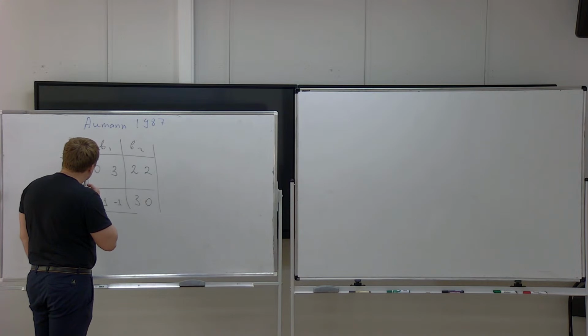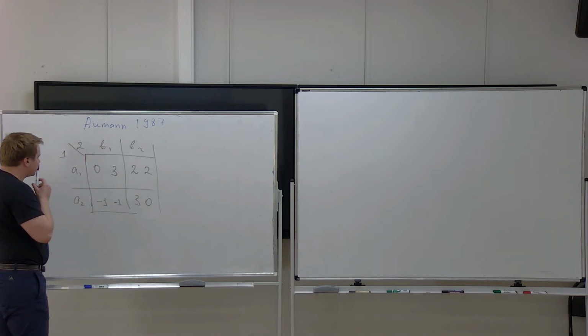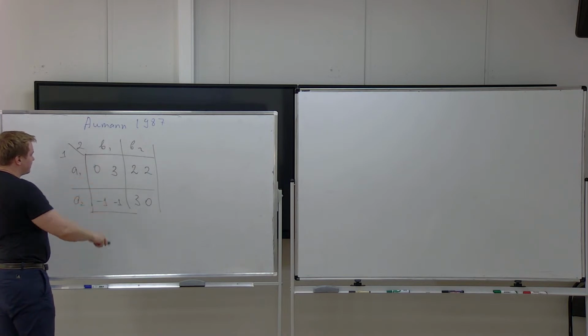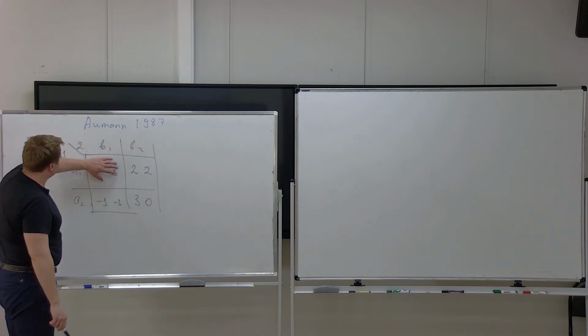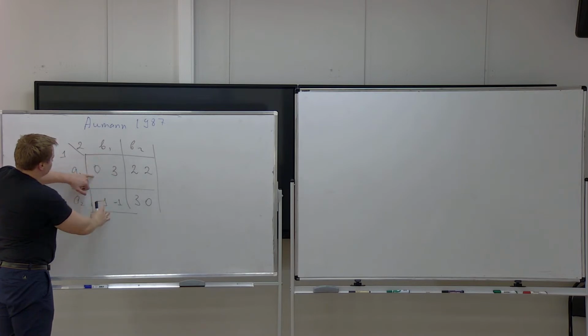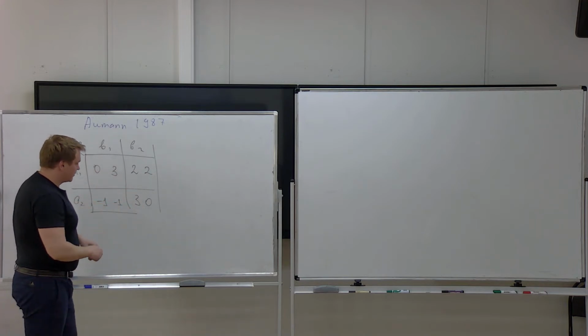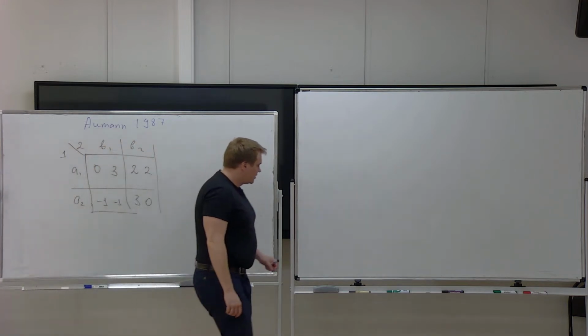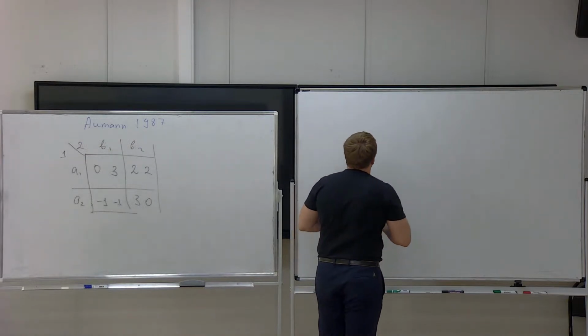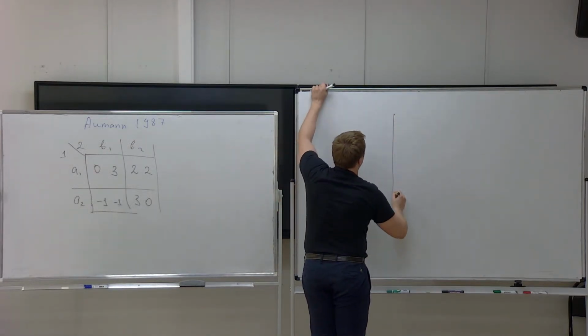Or no? Sure, nothing dominates. A1, B1 is a pure strategy equilibrium, right? Because if this is played, player 1 doesn't want to go down, player 2 doesn't want to go right. And similarly, A2, B2, because it's a symmetric game. Okay, so that would be pure strategy equilibria.